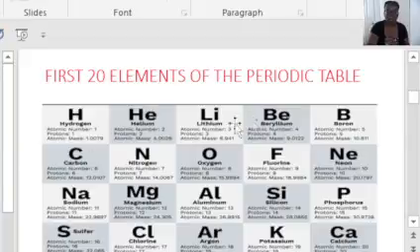All right, so if we look at the diagram closely, we will see that what is listed under each, for example, you have helium, which has atomic number one, one proton, and one atomic mass number.